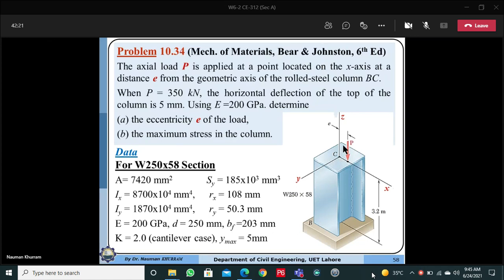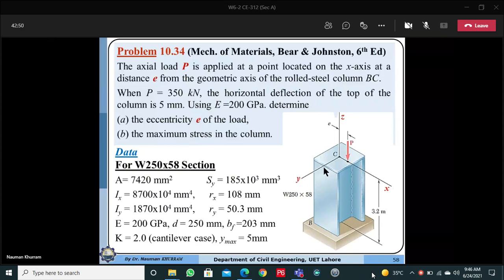The column will not bend about the x-axis. It will only bend about y because the eccentricity is causing the bending moment about the y-axis. So this column is concentric about the x-axis and eccentric about the y-axis, and all geometric parameters that we shall use will be about the y-axis.